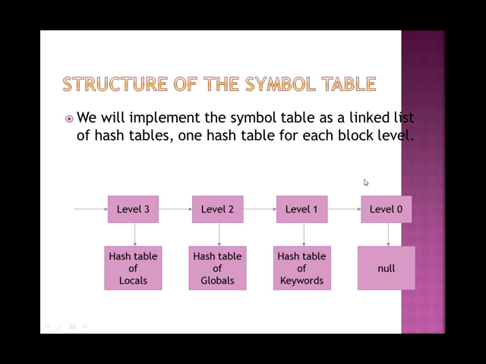This is level 0, level 1, level 2, level 3. Level 0 contains a null value, level 1 the hash table of keywords, level 2 the hash table of globals, and level 3 the hash table of locals.